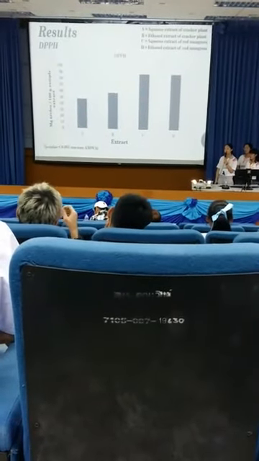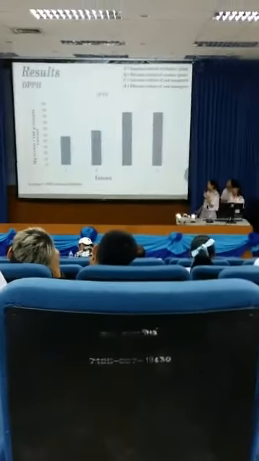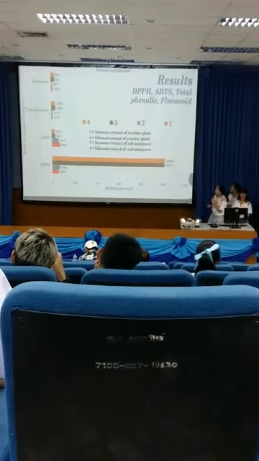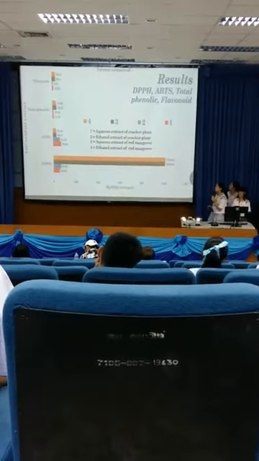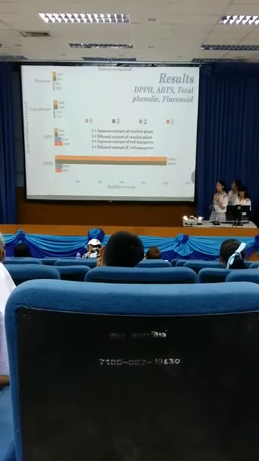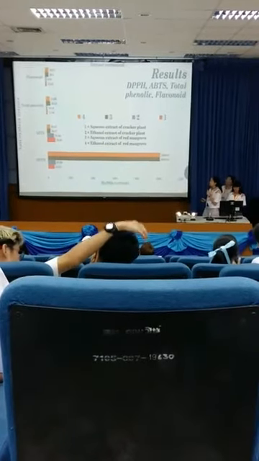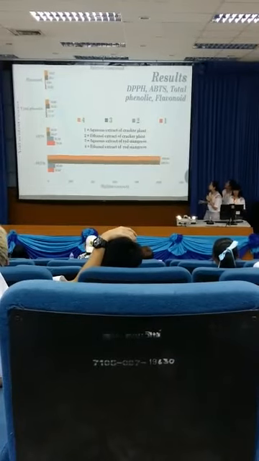We found that the ethanol extract of red mangrove has the highest antioxidant activities. And overall, for the flavonoid method, total phenolic and DPPH, the red mangrove extract has the highest antioxidant activities. And for the ABTS method, the cracker pan has the highest antioxidant activities.